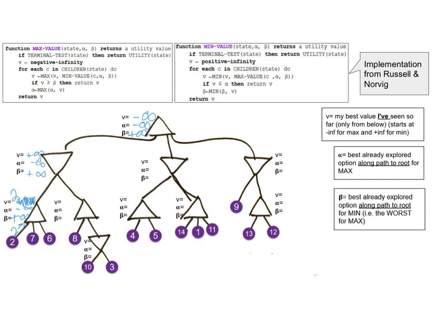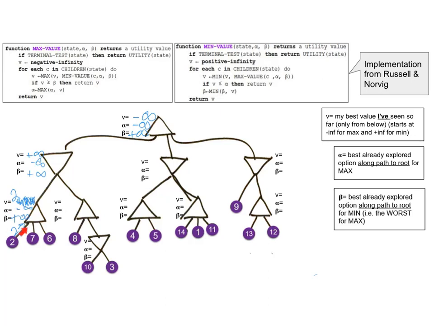Now the algorithm says, is v greater than or equal to beta? 2 is not greater than or equal to plus infinity. And plus infinity is kind of the best that min has seen so far, so the best for min, or the worst for max.